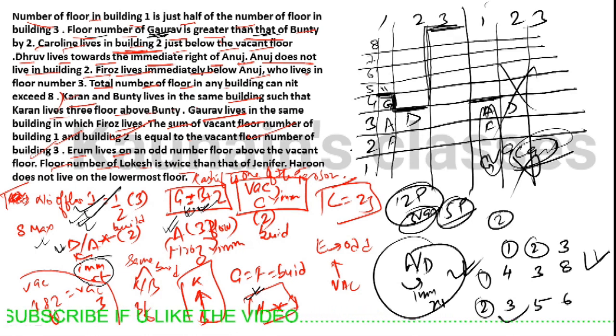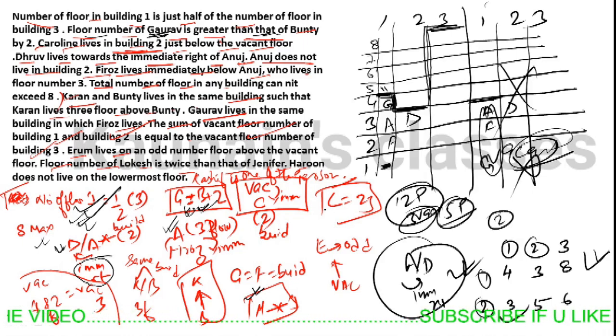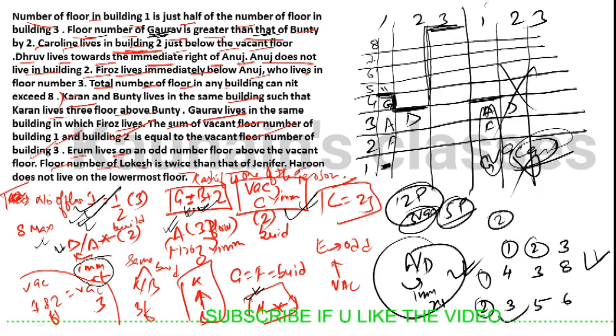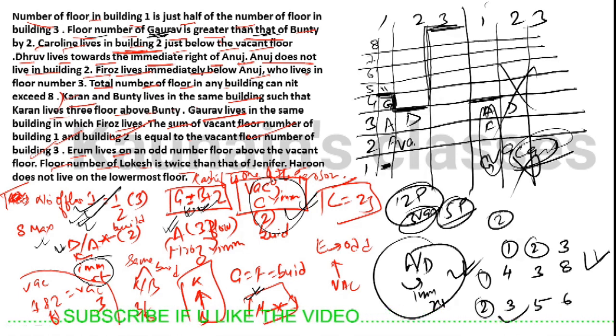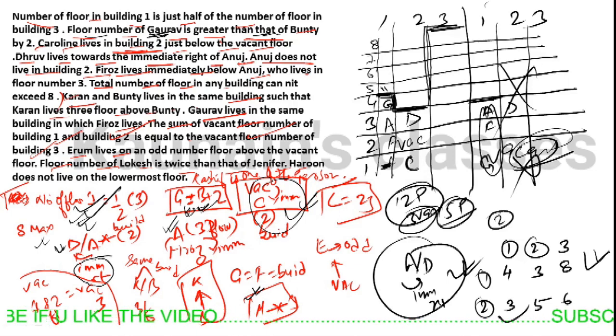So let's move further. We know that the vacant floor in building 1 is the first floor. We know that in building 2, C is immediately below the vacant floor. So there are only 3 floors, so this would be the vacant floor and C would be coming here. So this is the vacant first floor, this is the vacant second floor.